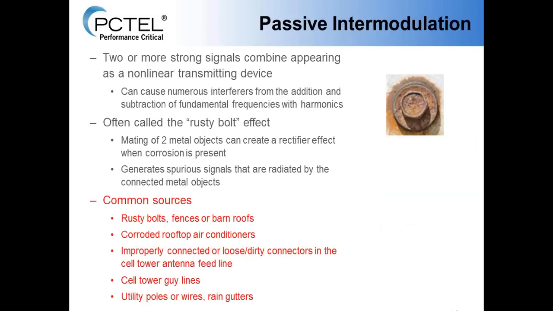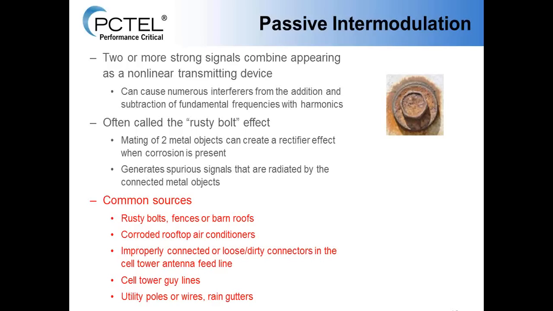Another very common source of interference is passive intermodulation. This is when two or more strong signals combine, and they can create a nonlinear effect in your spectrum. Essentially, you have this interferer, and you get the addition and subtraction of the fundamental frequencies coming from that source.